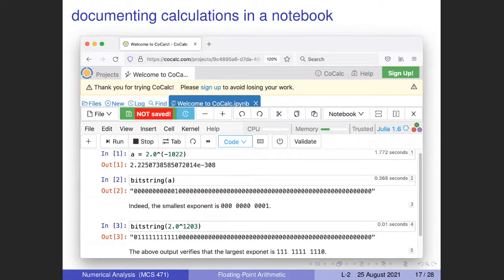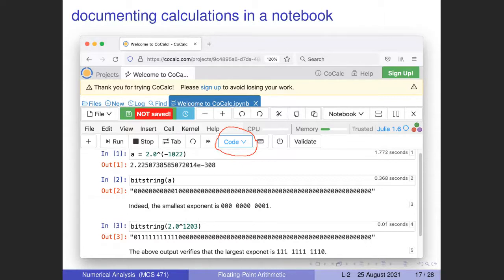The other important point I want to make is that this is a computational class. The code that we are executing is assumed to be logically correct. What is important is that we can also document, justify and explain our calculations. A Jupyter notebook has cells that contain instructions.